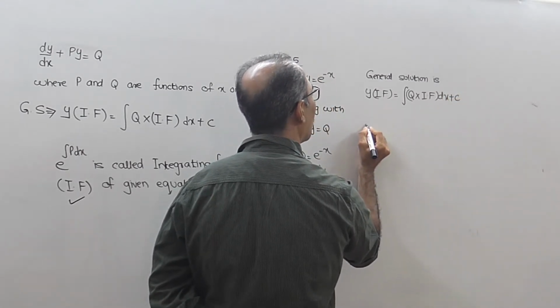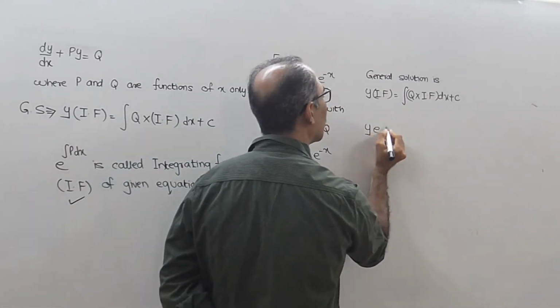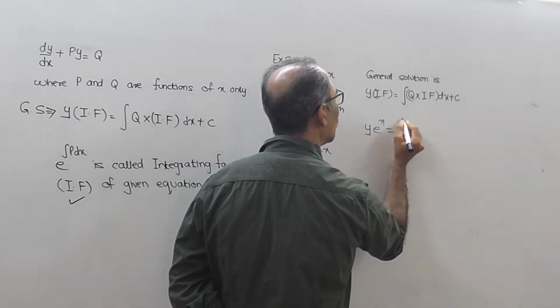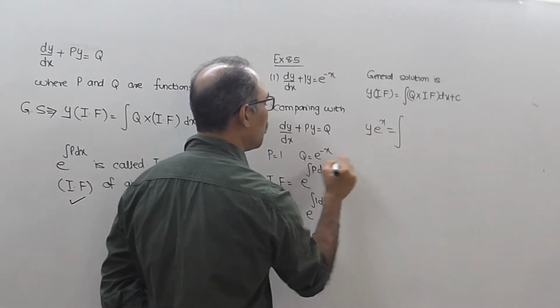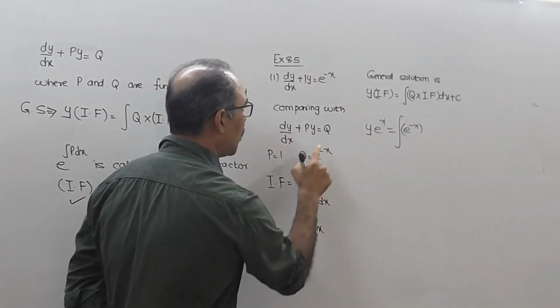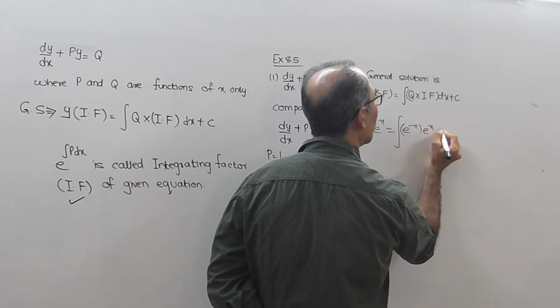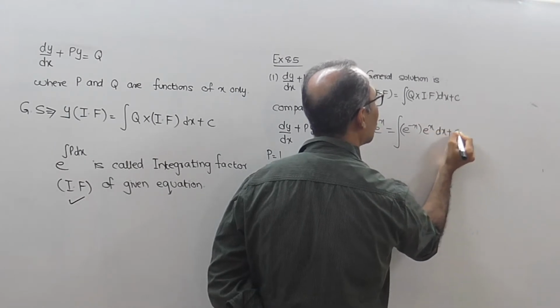So this will be y times the integrating factor we have got, e raised to x, equal to integration. What is the value for Q? e raised to minus x into integrating factor e raised to x dx plus c.